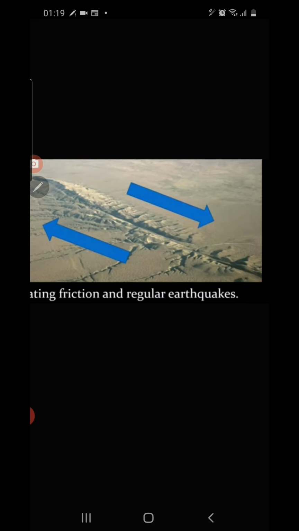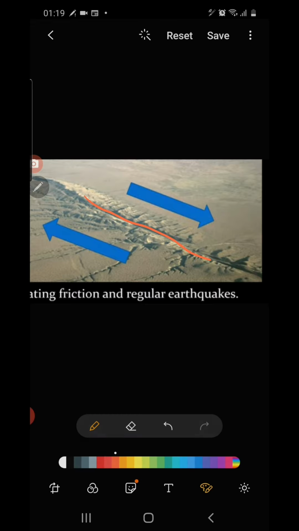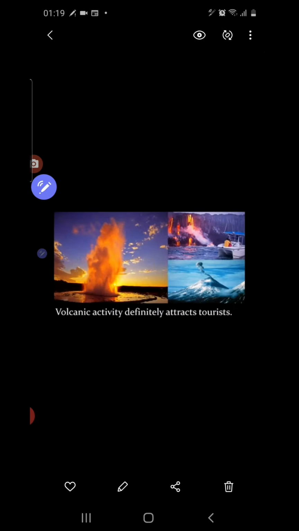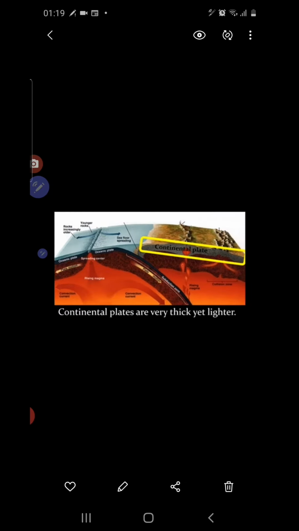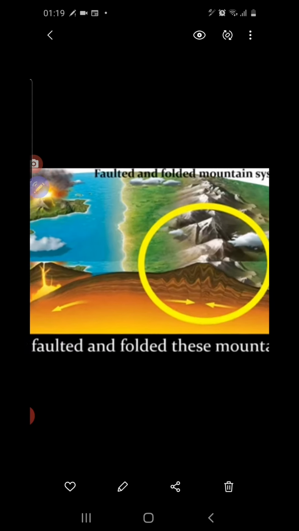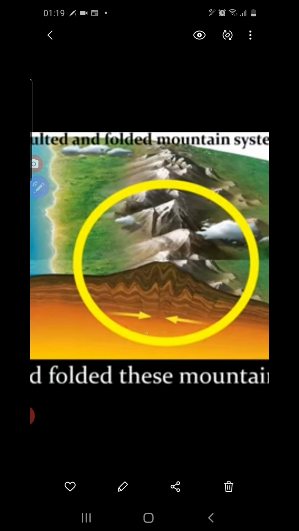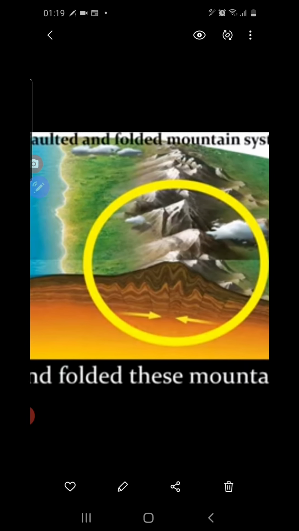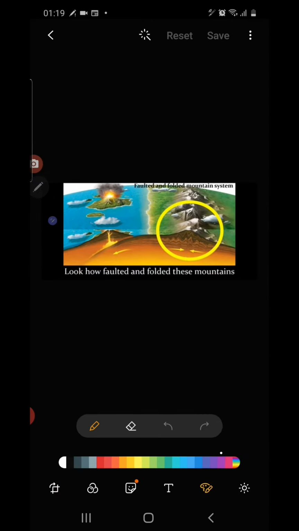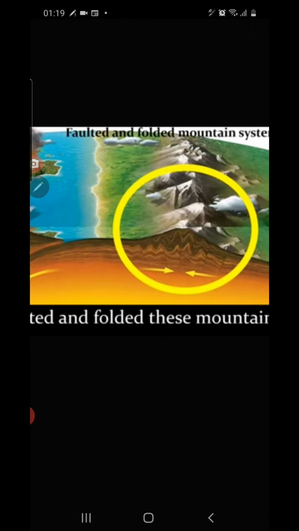Is it clear? Now, convergent boundary. Convergent boundary means when they move towards the same direction, when the force is applied towards the same direction. Otherwise, we can say when the two tectonic plates move, what you can see is fold mountain.